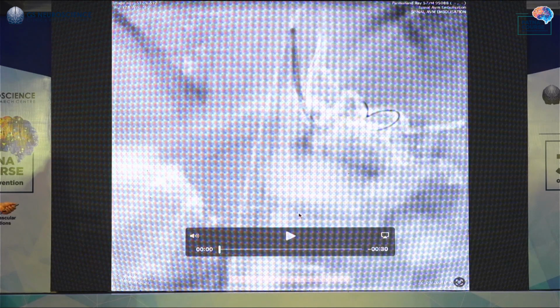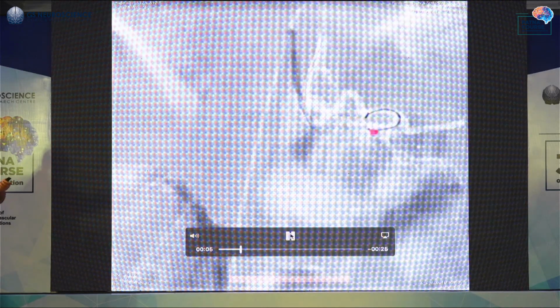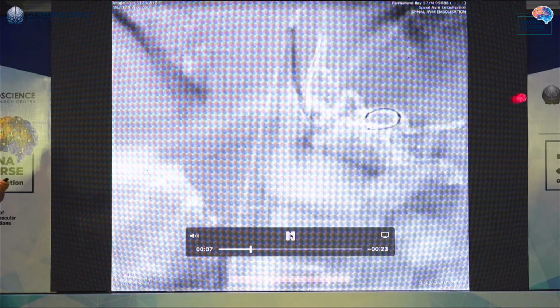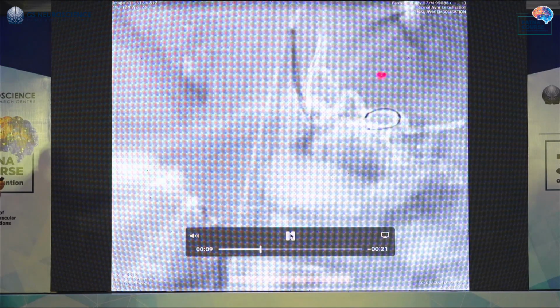And now, very slowly, very gently, you pull your wire and you push your microcatheter so that you have a kind of push-pull between the microcatheter and the wire, so that the inertia stored in the microcatheter actually propels it forward. This is a flow-guided microcatheter, so you cannot expect it to behave the way a non-flow-guided microcatheter behaves.